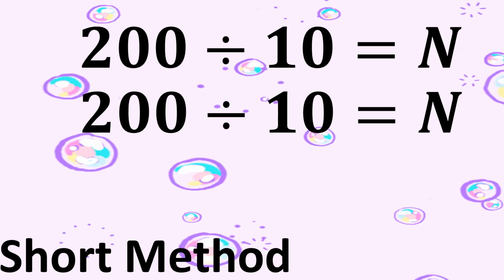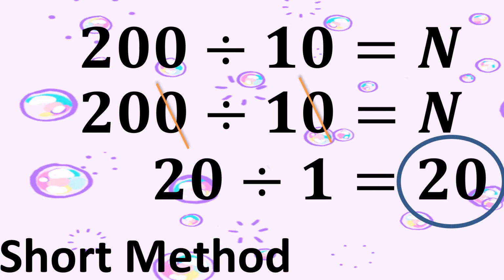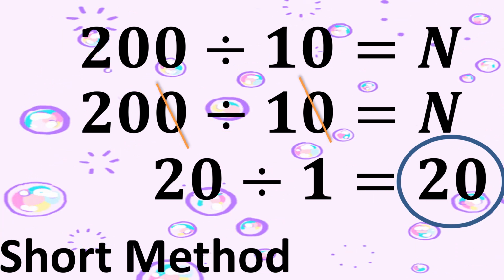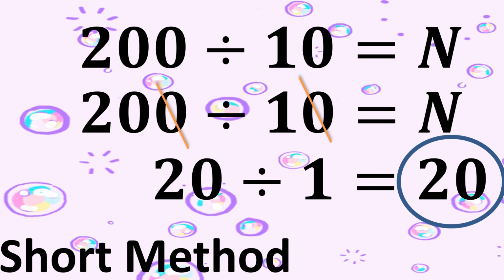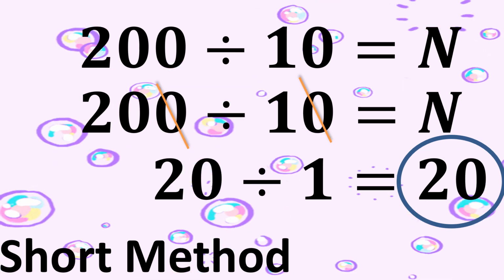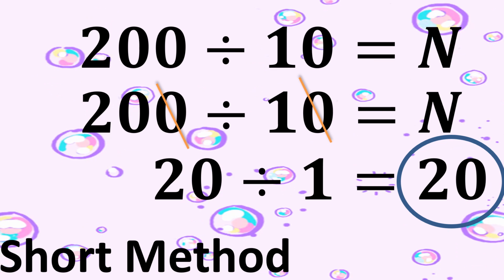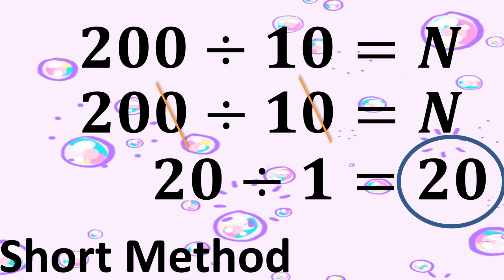So we have here 1 zero in the divisor. So we will remove 1 zero from the dividend. So now we have 20 divided by 1 is equal now to 20. So they have the same answer but different methods.